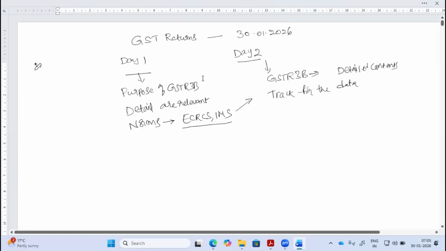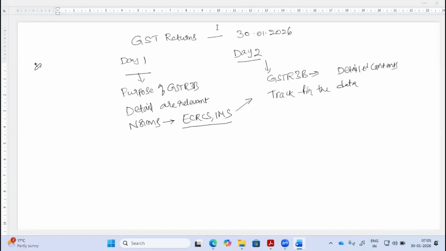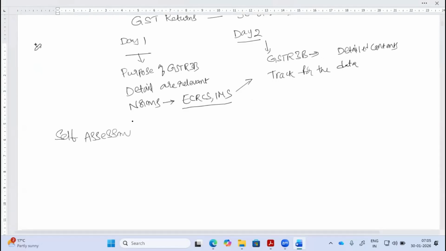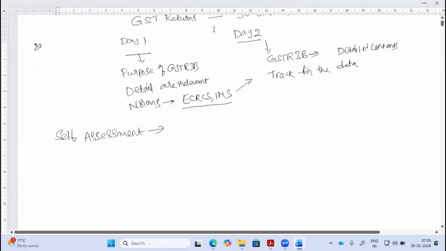Now, before we begin, let us understand one aspect called self-assessment. Under GST law, we have a requirement called self-assessment. This is covered under section 59. We'll try to look at that section 59 and come back again.